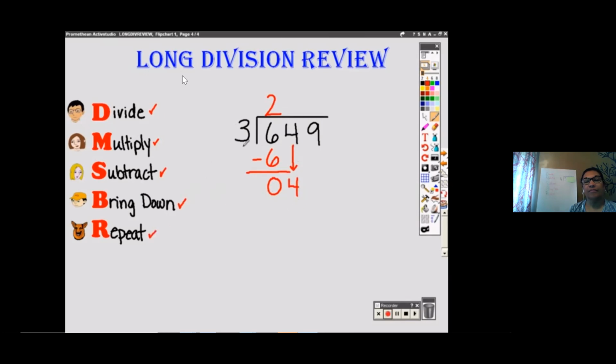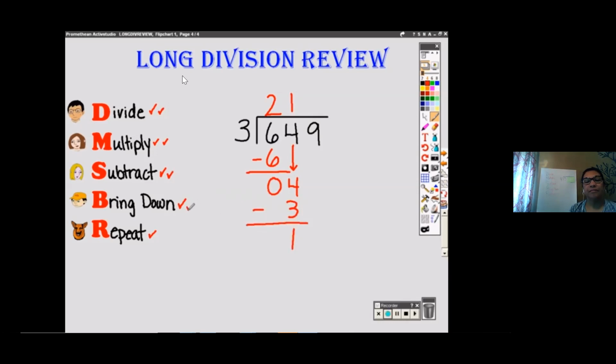Now divide. 3 goes into 4. How many times without going over? That's right, 1. Now we multiply. 3 times 1 equals 3. Now we subtract. 4 minus 3 is, that's right, 1.